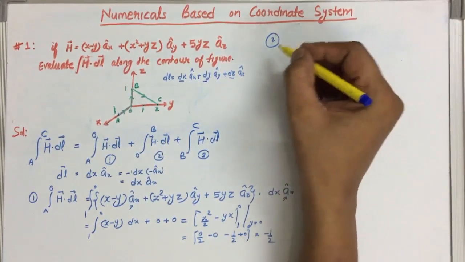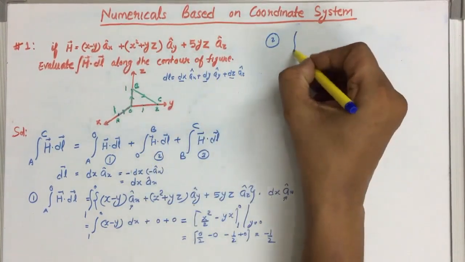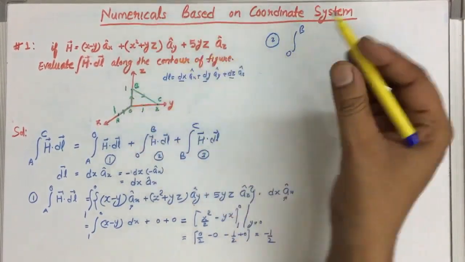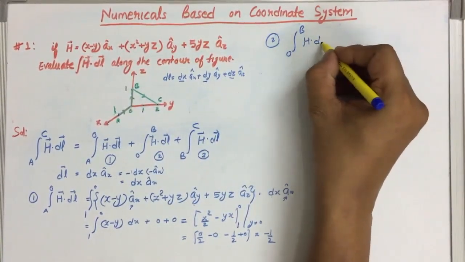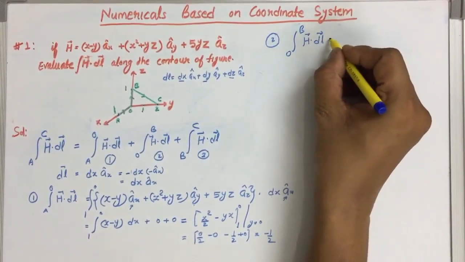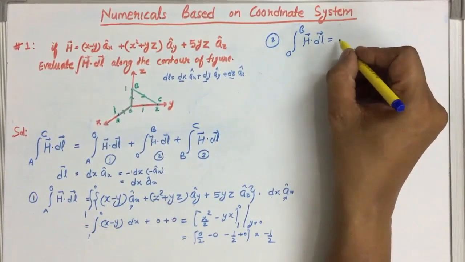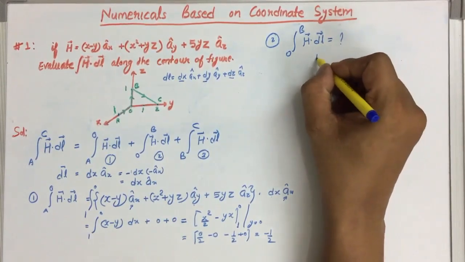Now H dot dl for case 2, from the origin to B, from here to here. What about dl here?